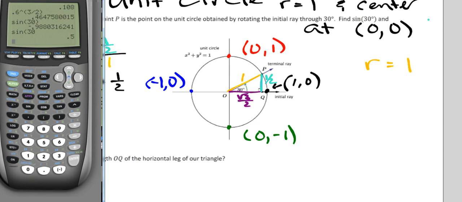Everybody's calculator is going to be different depending on the model. Some of them will just show a DEG, RAD, or GRAD either above or below the numbers. Who sees a DEG, RAD, or GRAD?